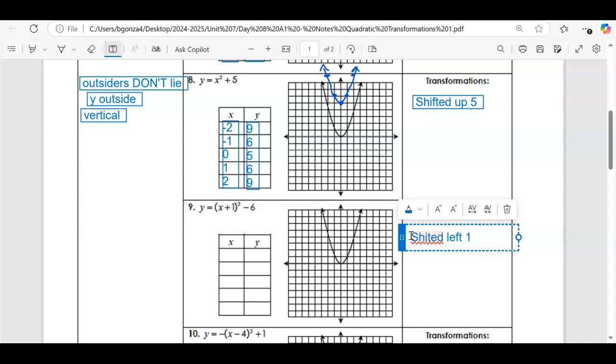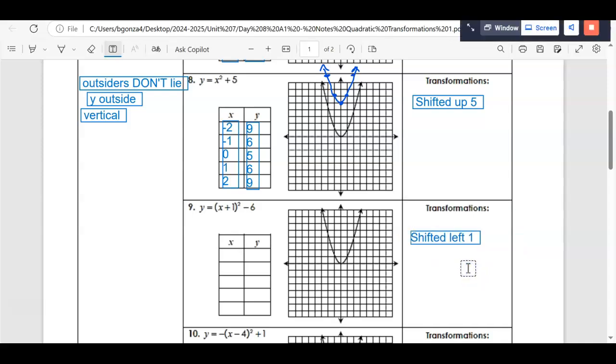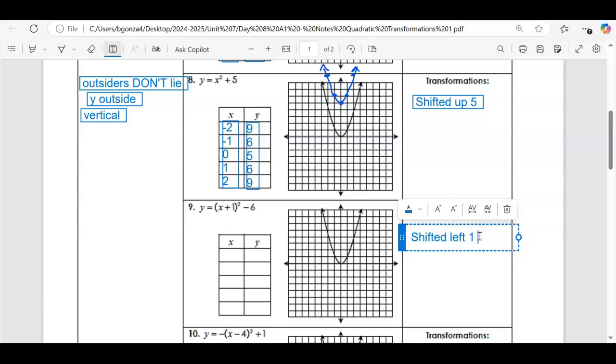And then, oh my gosh, I keep spelling that wrong, and that's not on purpose. Oh, where else did this shift? Where did that -6 go? Up, down, left, right? What do you think? It's an outsider. It's vertical. So is it up or down?